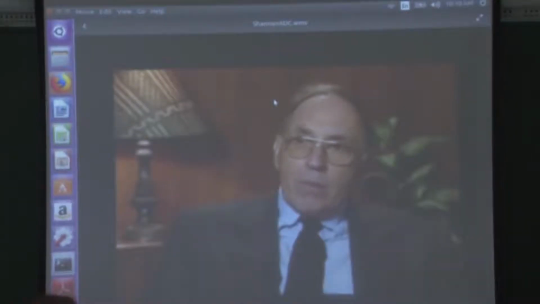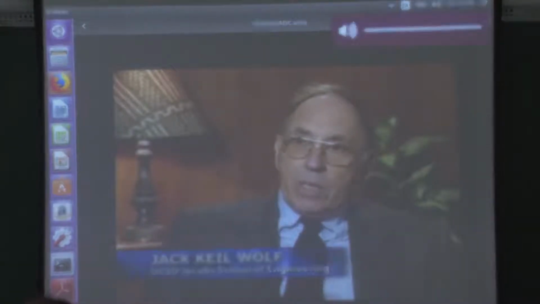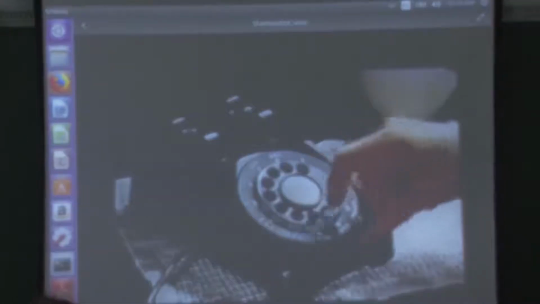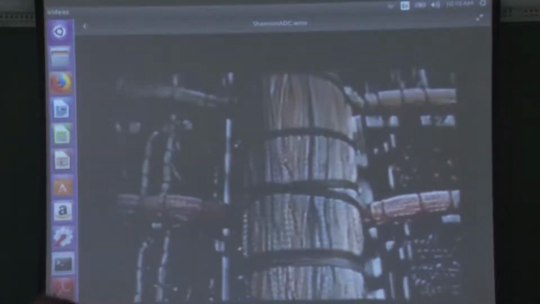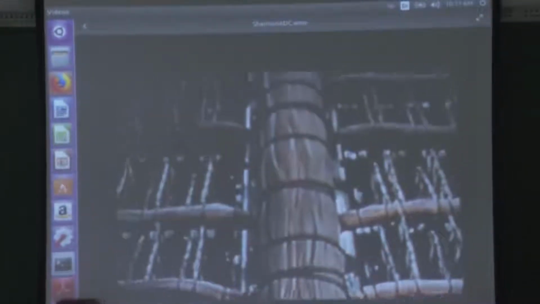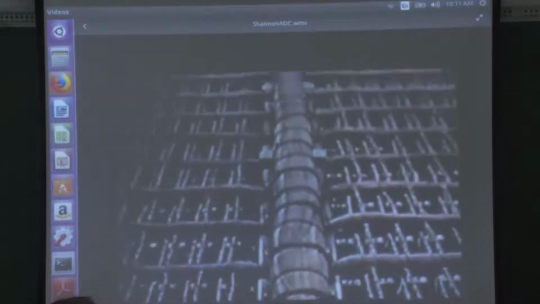Shannon worked for the telephone company. So one of the first things that they figured out as a result of this is that you probably shouldn't just make a telephone line longer and longer and longer and put amplifiers in the middle of the line. Pretty soon the signal starts getting smaller.